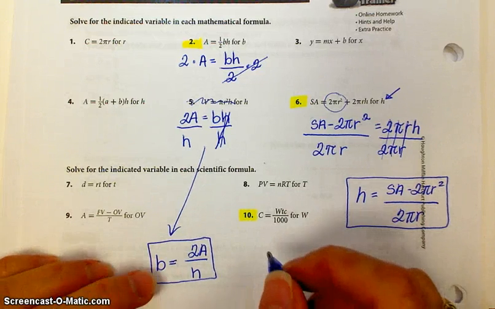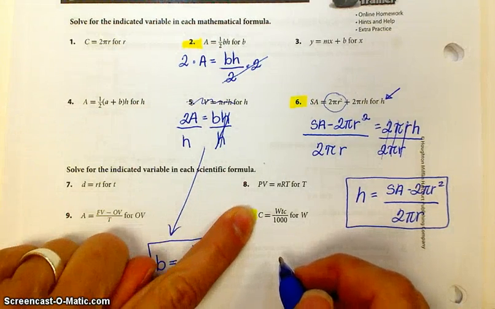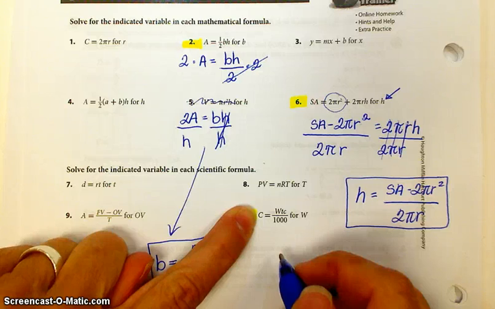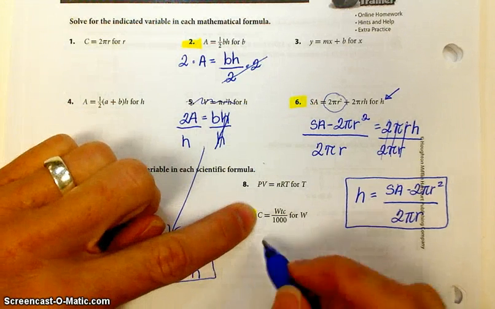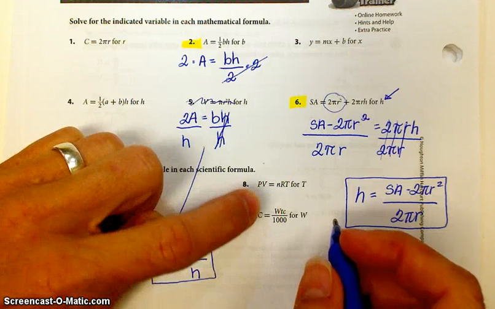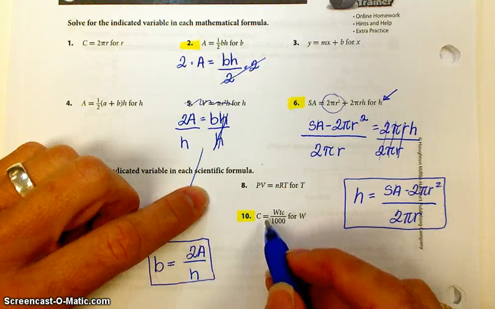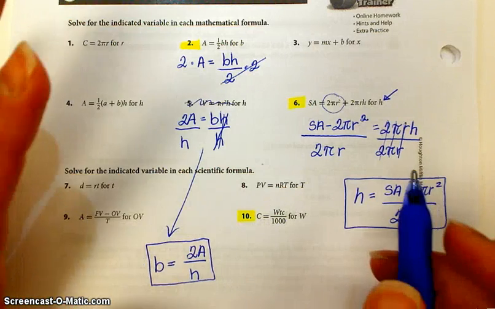All right, number 10. I don't even remember what this formula is. So we have capital C equals WTC, lower c, divided by 1,000. I don't love the fact that they're using C's, but one of them's capital, one of them's lowercase, so they're two different things.